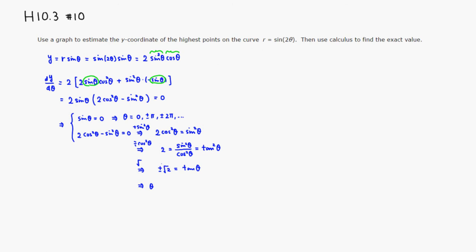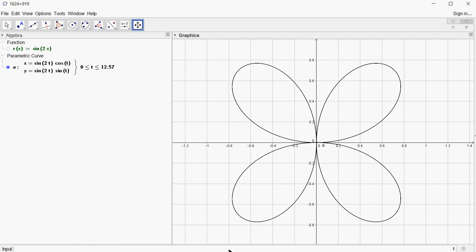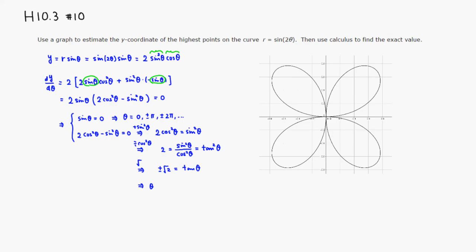So for example, maybe I should take this picture here. I'm going to just clip this picture. Alright, so I got the picture in here so that I can draw things. So we're looking for the highest point, which is probably around there. Then if you draw a line segment from the origin, this is the angle we're looking for.